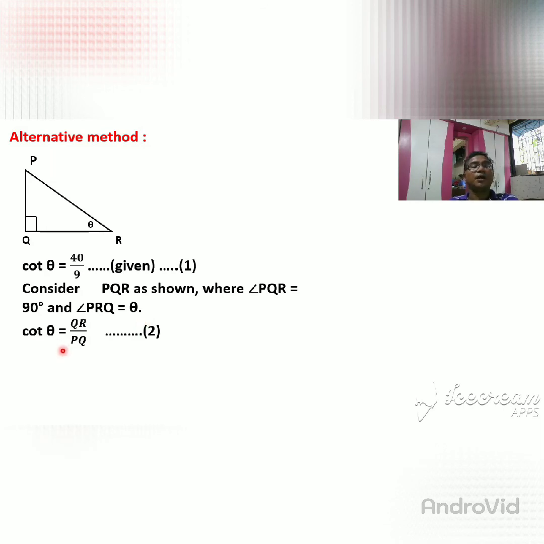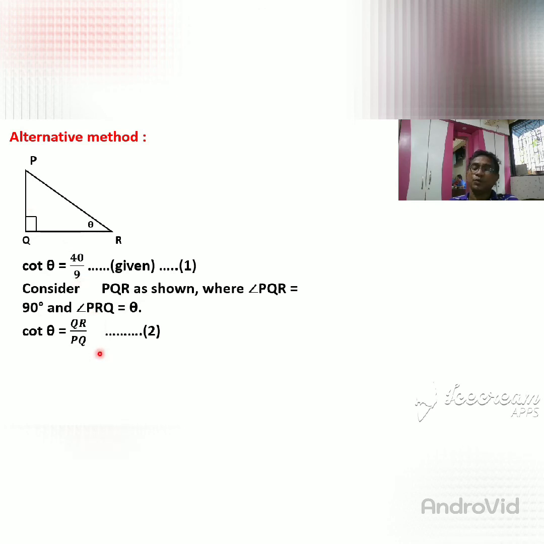So cot theta is equal to what? Adjacent divided by opposite. Adjacent is QR, opposite is PQ. So cot theta is equal to QR upon PQ, because cot means adjacent QR divided by opposite PQ.